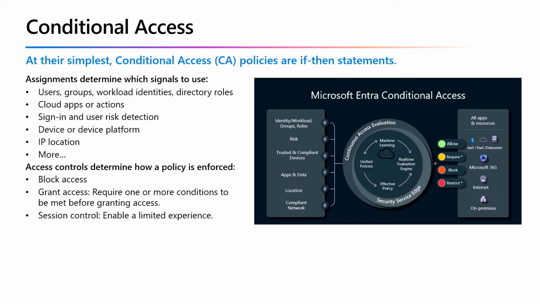You can look at some of the assignments in the slide if you want more information. When the conditional access policy has been applied, an informed decision is reached on whether to block access, grant access, or grant access with extra verification, or maybe apply a session control to enable a limited experience for the user.